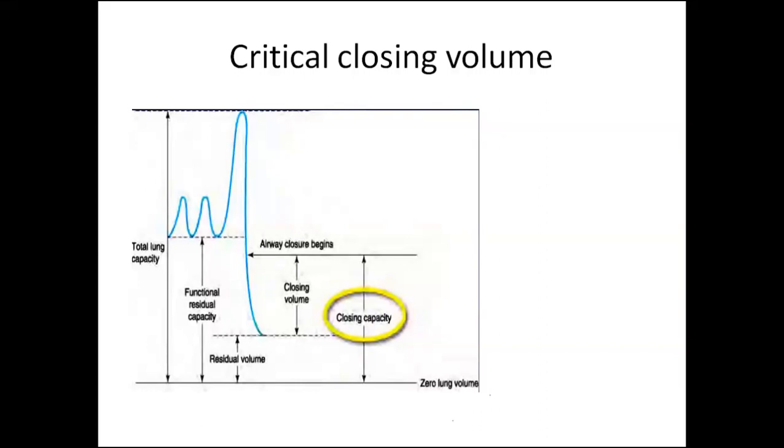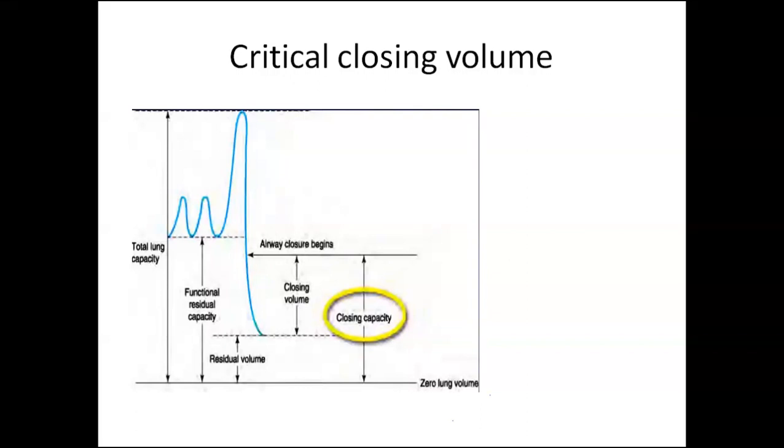It is the normal volume in the lung at the end of normal expiration. Critical closing volume is the volume below which the airway or alveoli will start collapsing. And in a normal lung, your FRC will be above the CCV. That's why your lung will not collapse when you are normal.